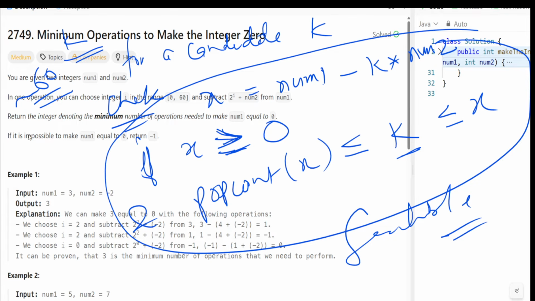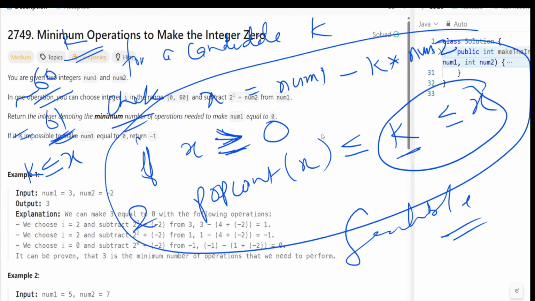So the maximum we can take in the safe limit is 61, and it should be enough. That is why k should be less than or equal to x, and that is why I have written here k should be less than or equal to x. That works, right?